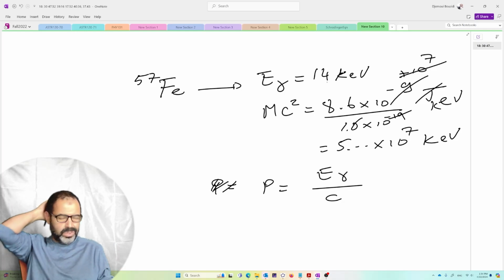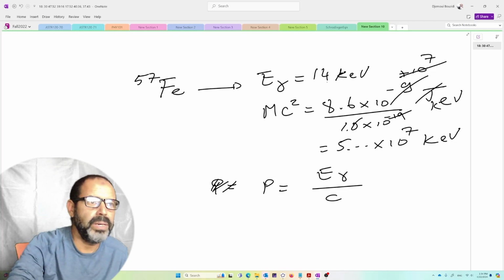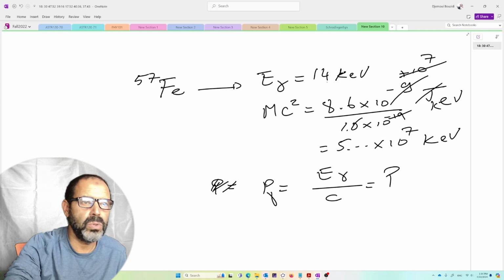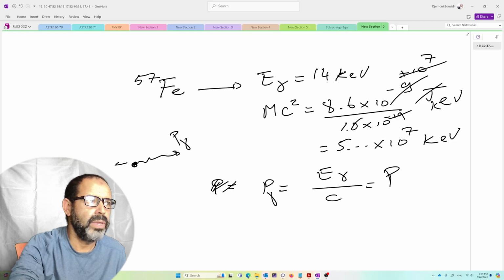So this is the momentum of the photon, and this is also the momentum of the recoiling iron 57, because remember iron 57 was here, it emitted the photon, it has this momentum. The other particle in here must recoil with the same momentum.